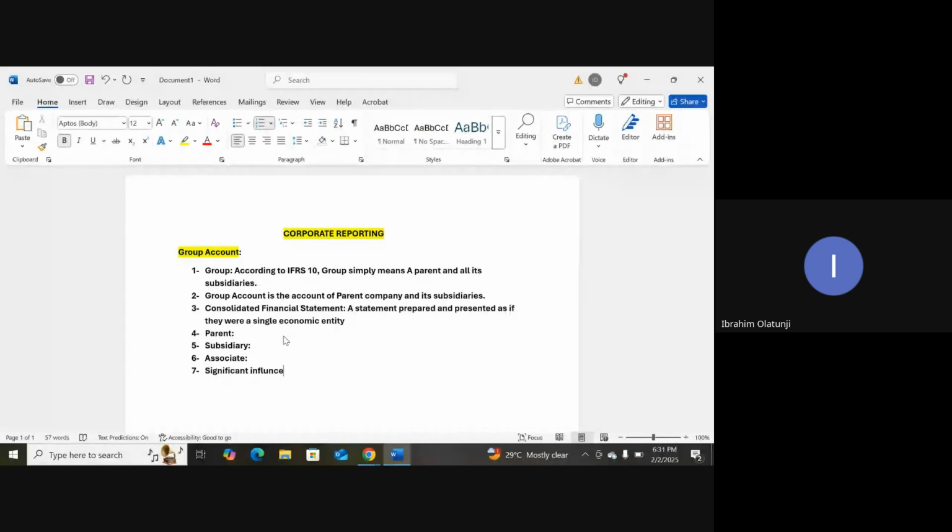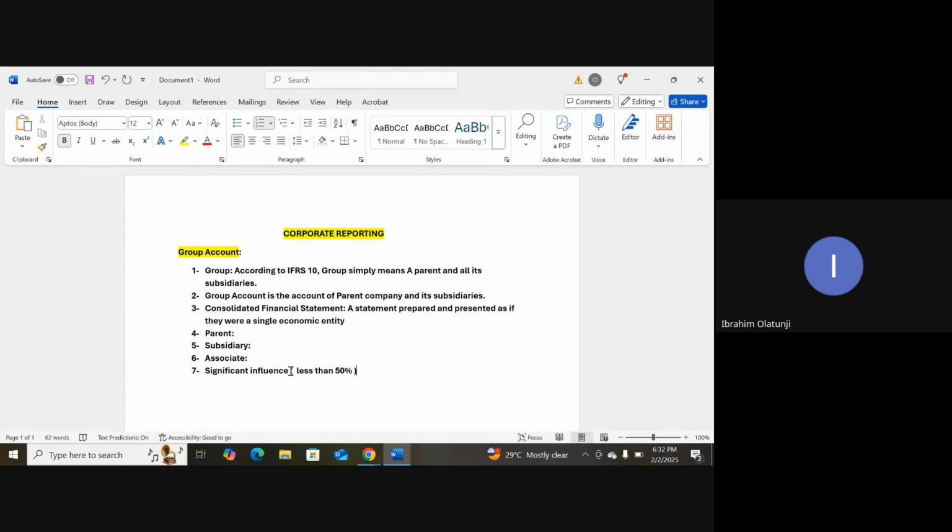Meaning you don't have control. Just like if you acquire less than 50%, it means that you don't have control, but you have what is called significant influence.